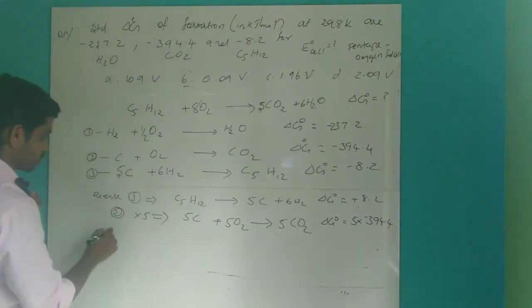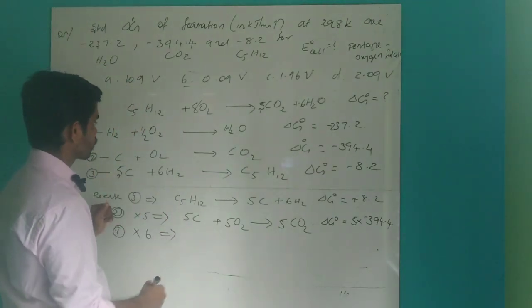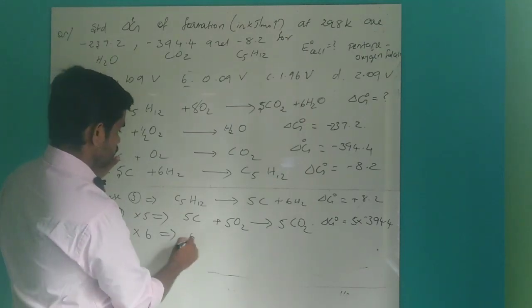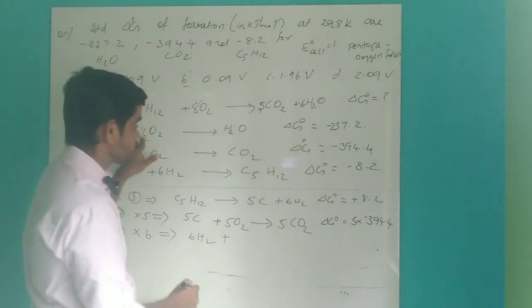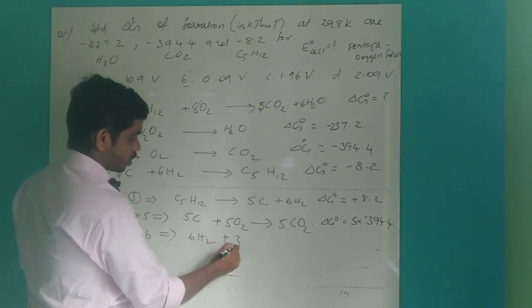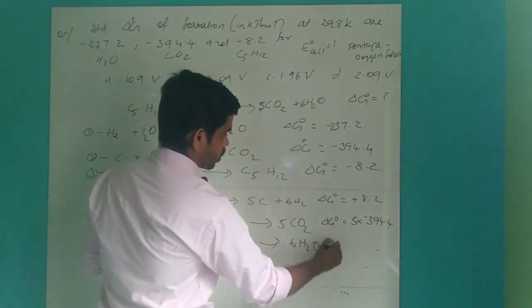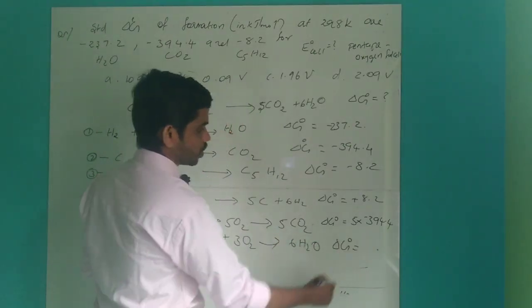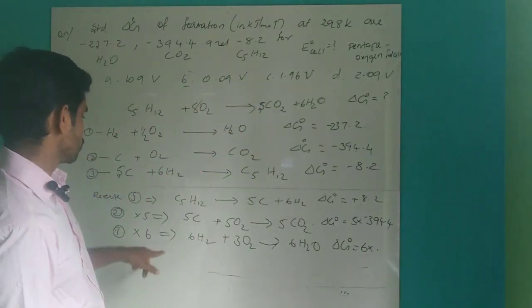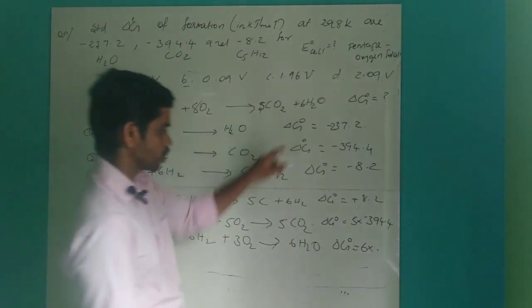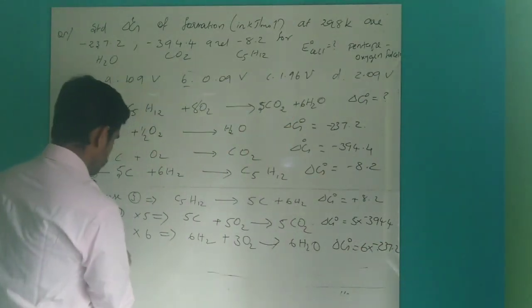So equation 1 into 6 will give 6H2 plus 6 by 2 is 3 O2 gives 6H2O, and delta G0 is equal to 6 into minus 237.2.